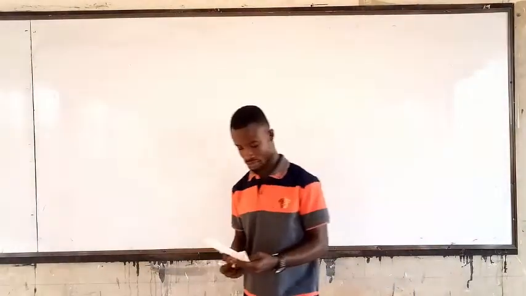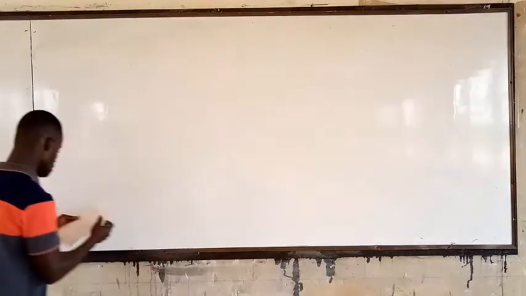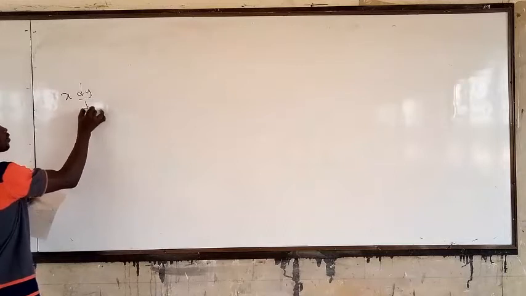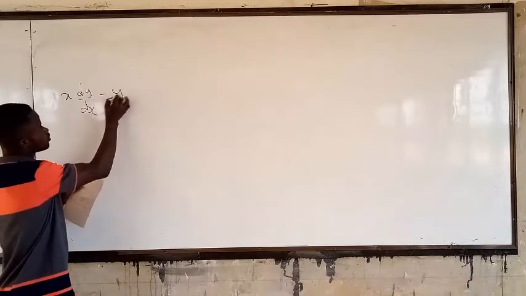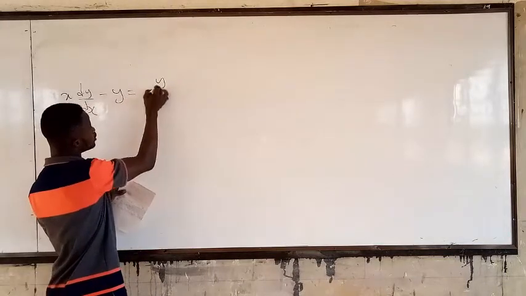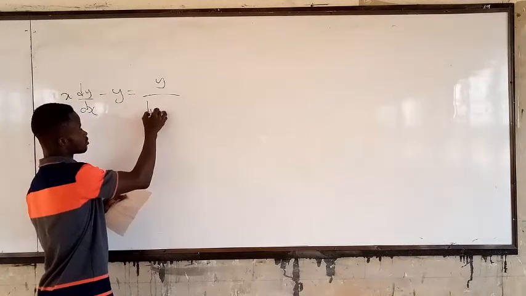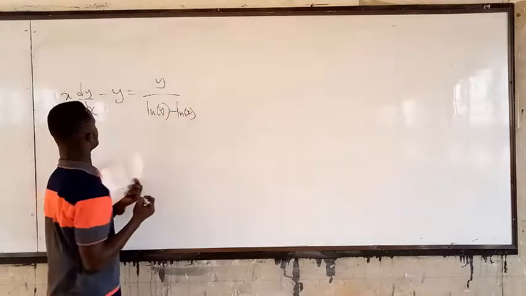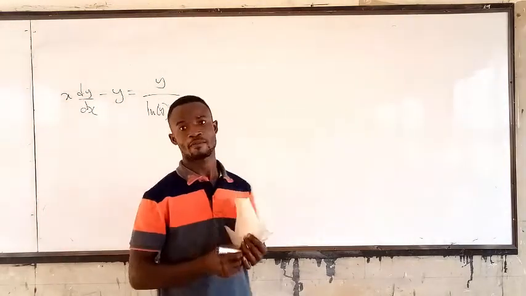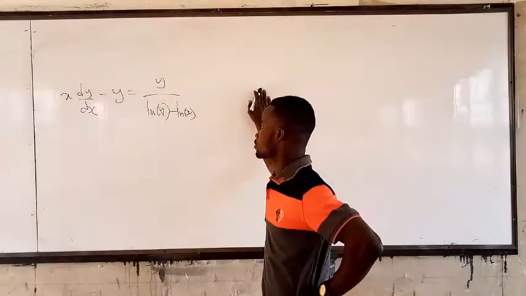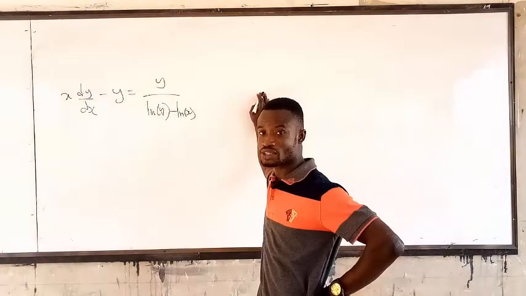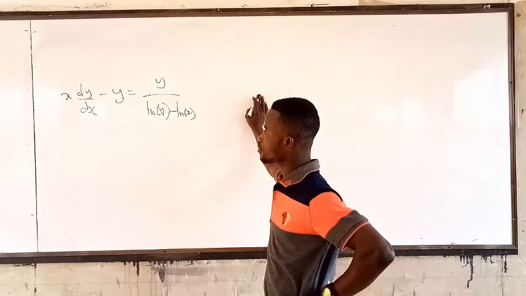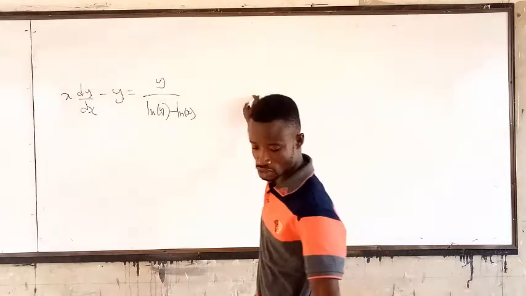Alright, so let's try our hands on this question. Now let's examine the type of equation it is, or the method that we can use to solve this equation. What method can we use? Let's check whether it is homogeneous or not homogeneous.